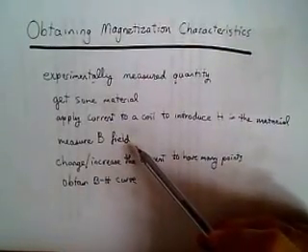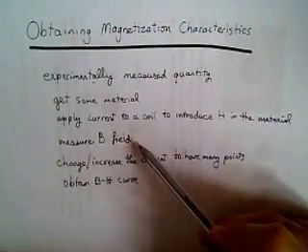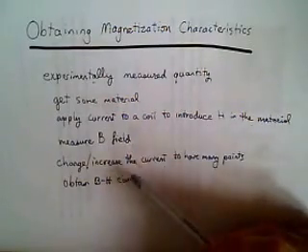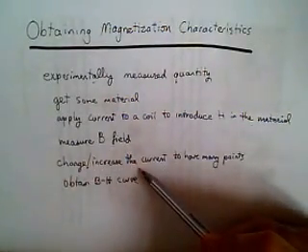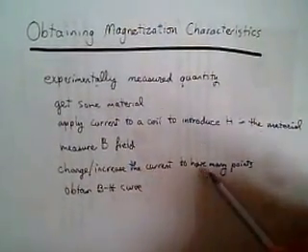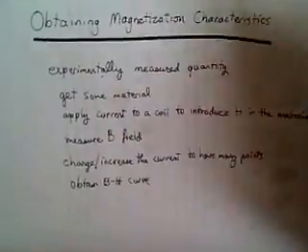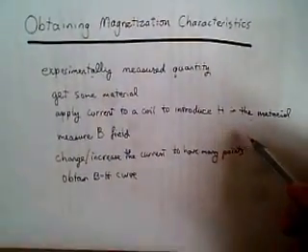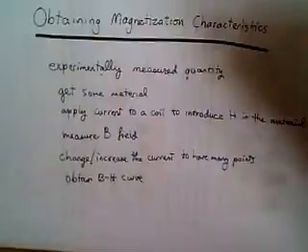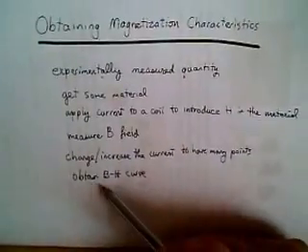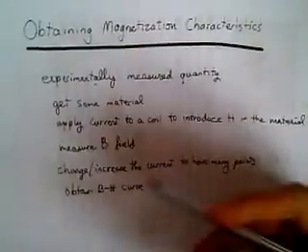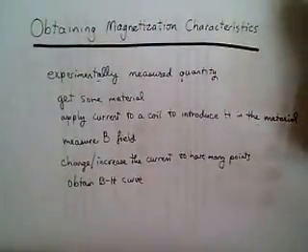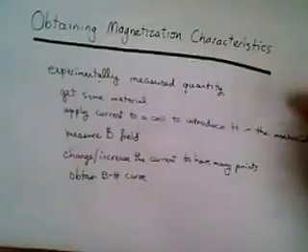We design the experiment to minimize them as much as possible. Then we increase the current to have many points to get the H values, and the B field is measured, so we construct the BH curve. This BH curve can be transformed to a flux linkage versus current curve as well.